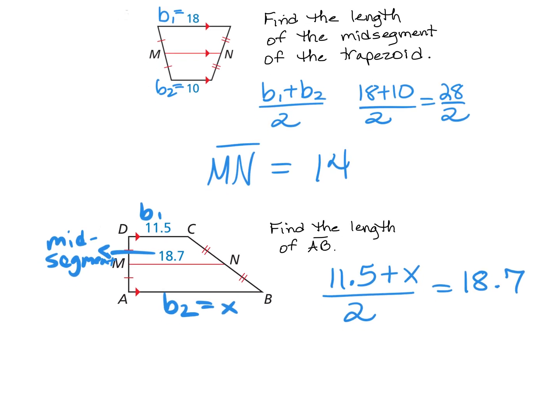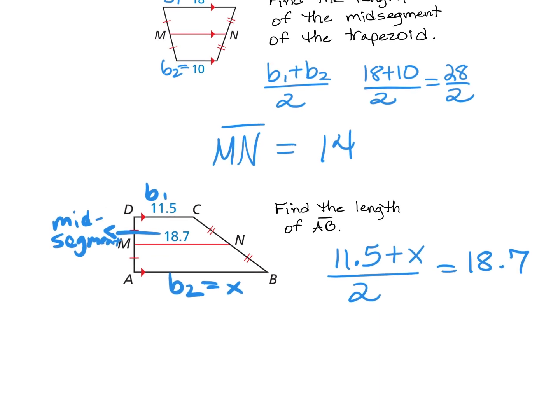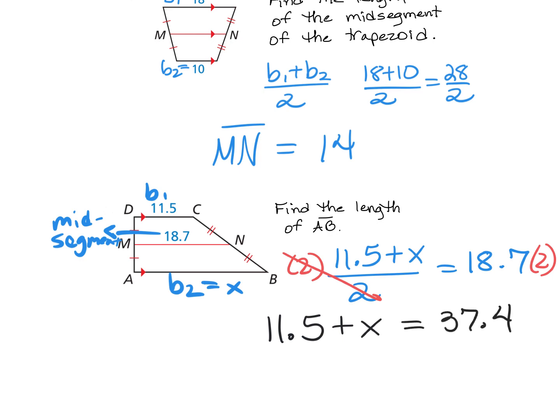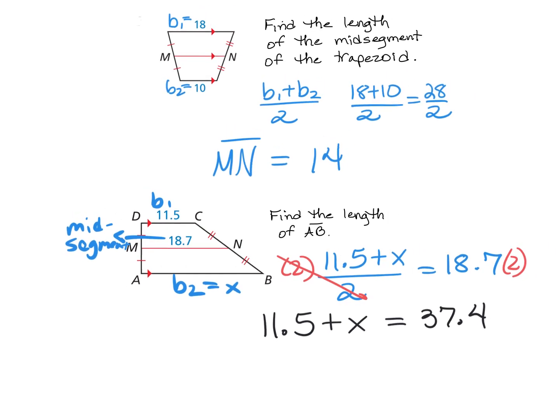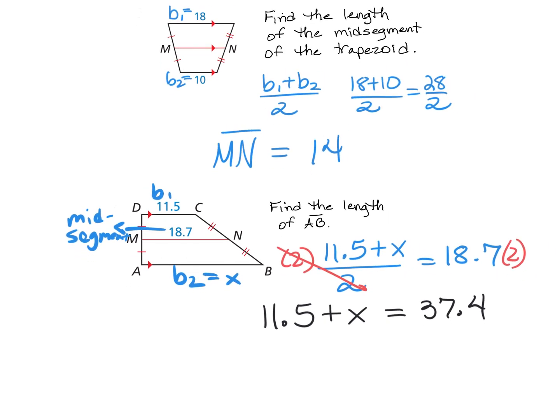I'm going to use my Algebra 1 skills to solve for X. I'm going to go ahead and multiply both sides by 2 to clear the fraction. And then now I'm left with 11.5 plus X equals 37.4. And now I subtract 11.5.